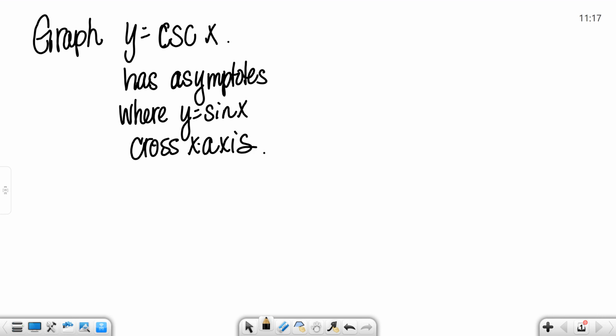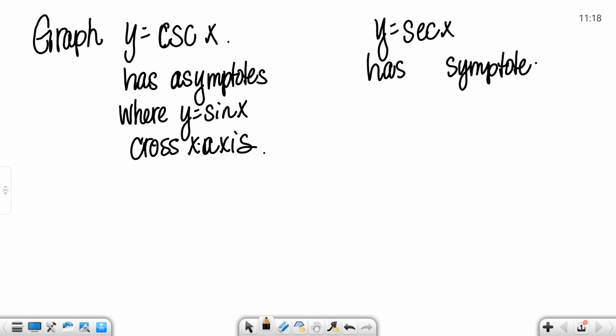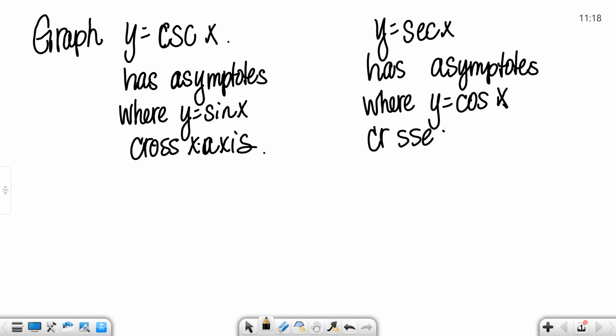When you flip it over, you would have 0 in the denominator, and so it would have an asymptote there. For y equals the secant of x, we know that is the reciprocal of cosine, and so it is going to have asymptotes where y equals the cosine of x crosses the x-axis.